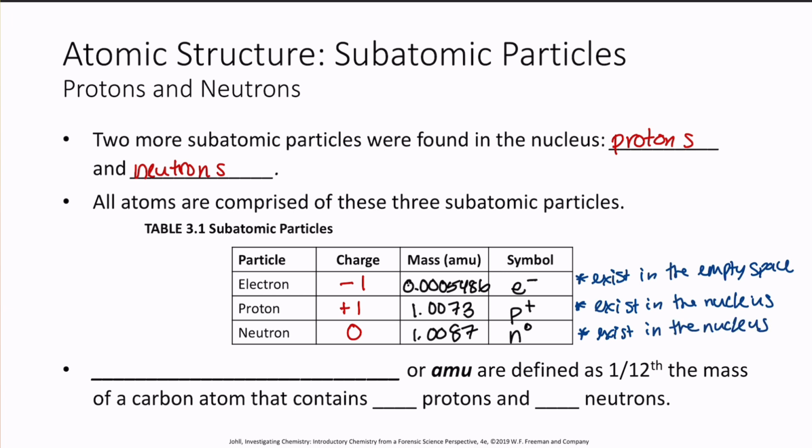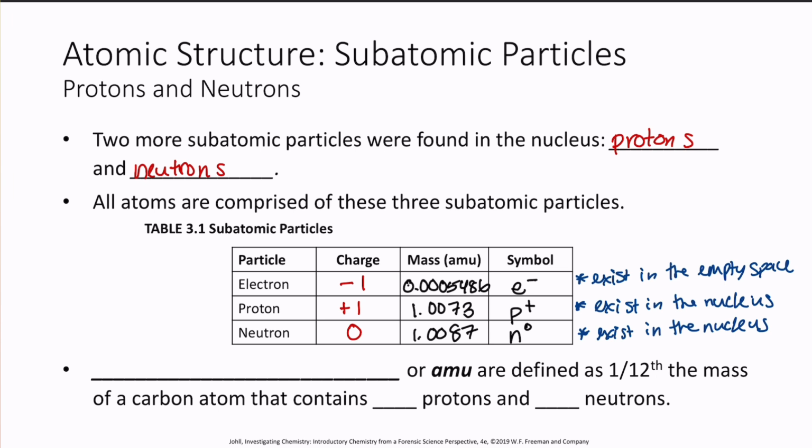Now, what I want to point out to you is that the mass of an electron is so small compared to the mass of a proton or a neutron. So when you're looking at the mass of an electron versus the overall mass of an atom, sometimes it can be said to be negligible because it is so small. For example, if I were to get on my scale at home and get my weight, it would be a certain number.